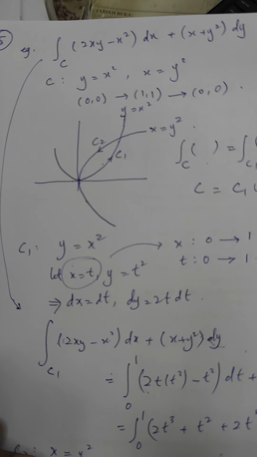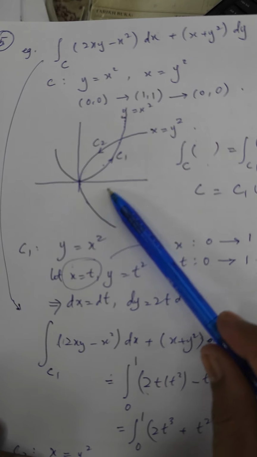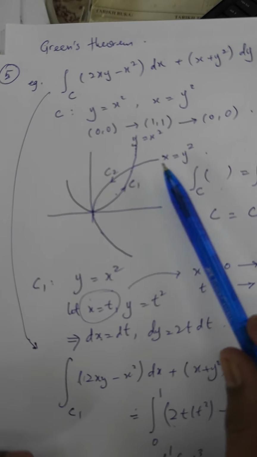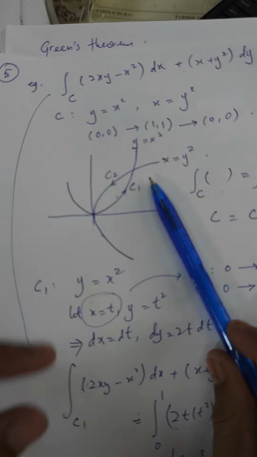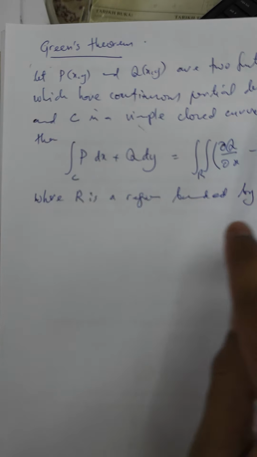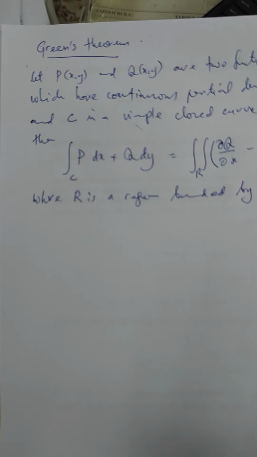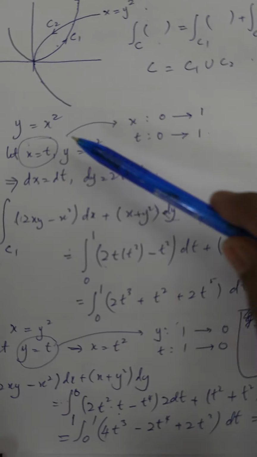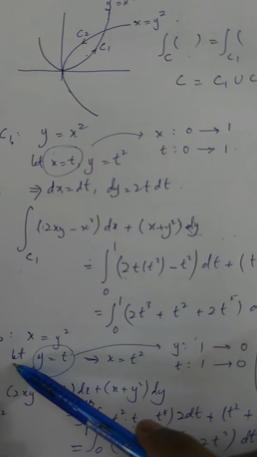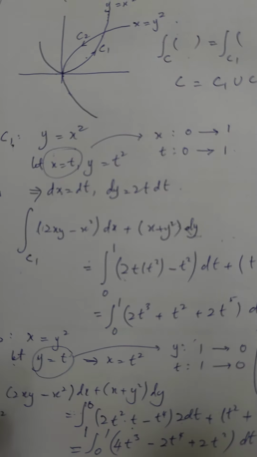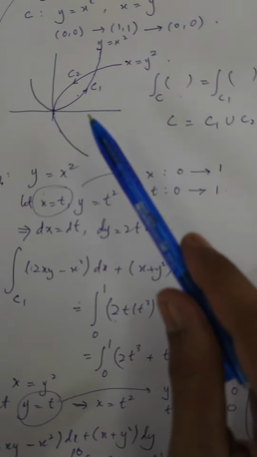Then we can use the Green theorem in this case. If you use the Green theorem, see what happens. As long as C is a simple closed curve, we can apply this. If you use a line integral, you have to consider C1, you have to consider C2, and so on and so forth. But if you use the Green theorem, let's see this example.